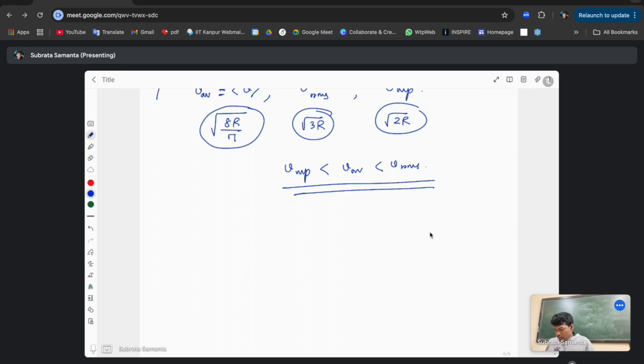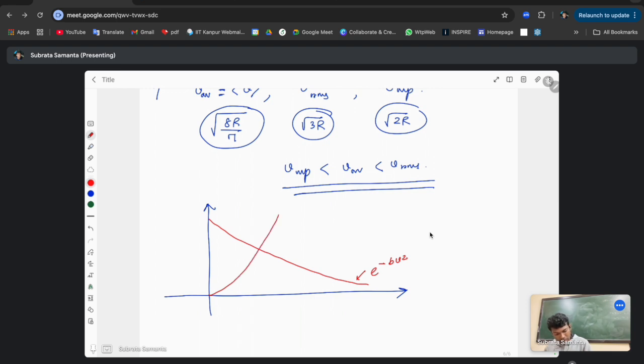Okay, so if you draw the velocity distribution at a particular temperature, in the graph, let's say I have an exponential, e to the power minus b v square, and this is your, let's say, a v square.